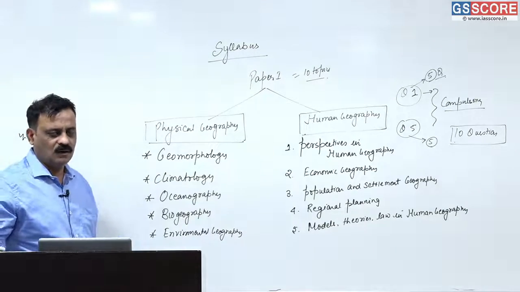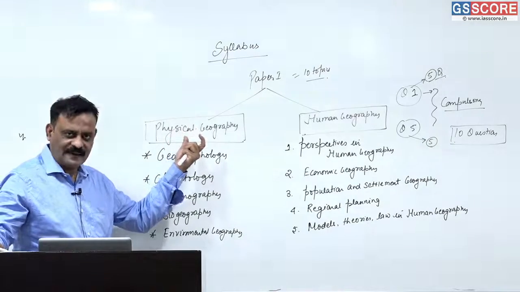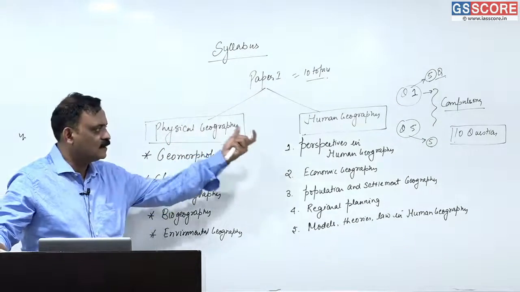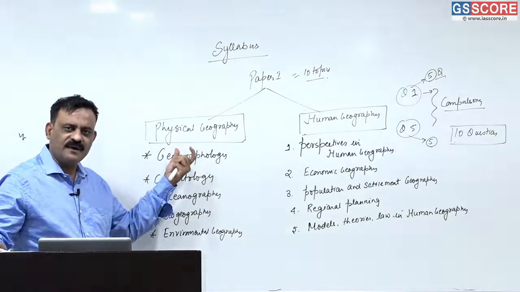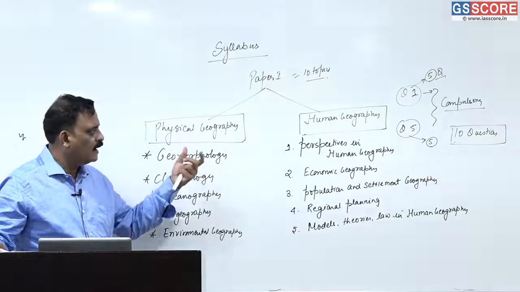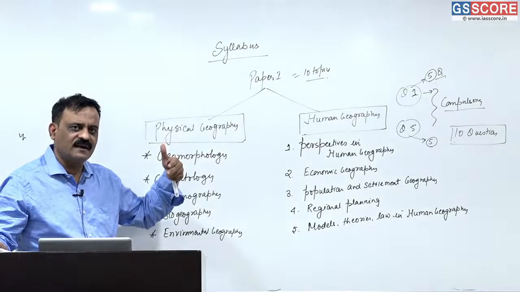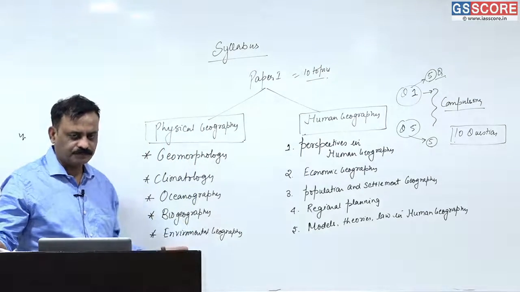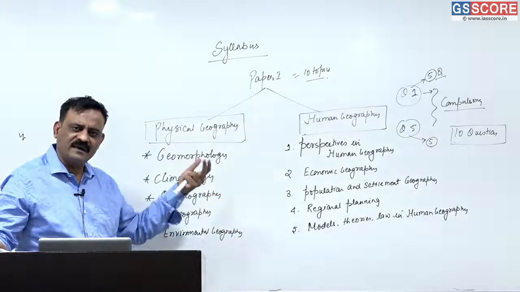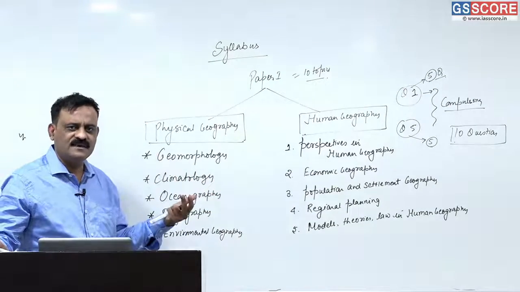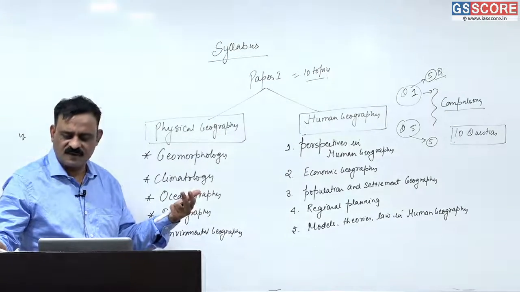Again, I want to repeat that you can divide paper 1 into two broader categories: physical geography and human geography. In physical geography, you study only physical phenomena. In human geography, you study phenomena involving humans, all those human activities which bring changes in the landscape or over the surface of the earth.